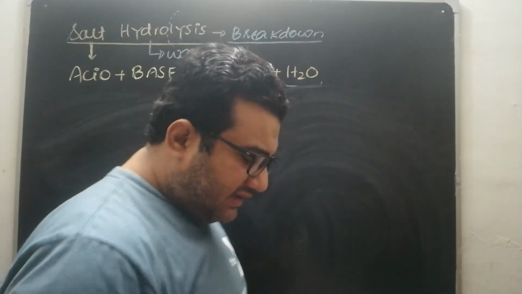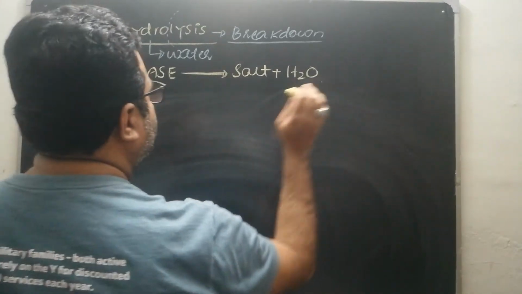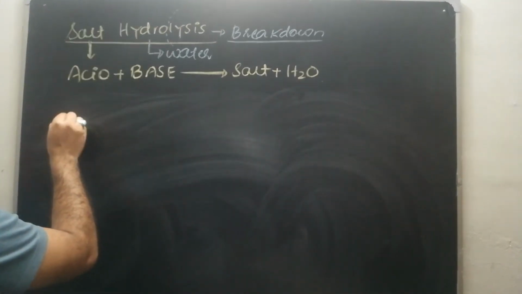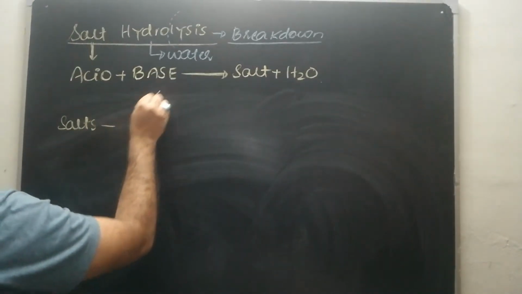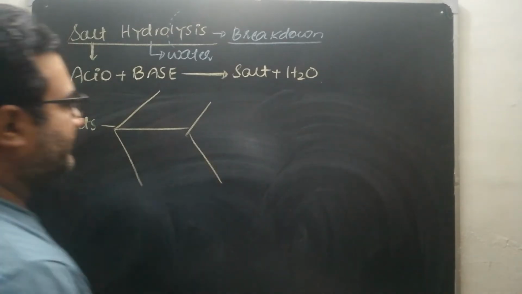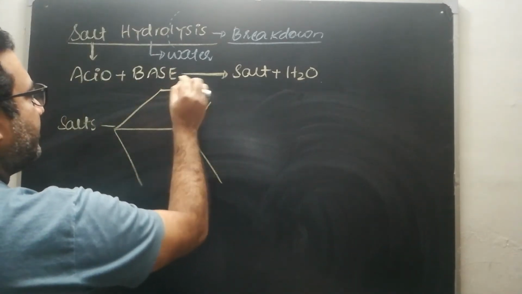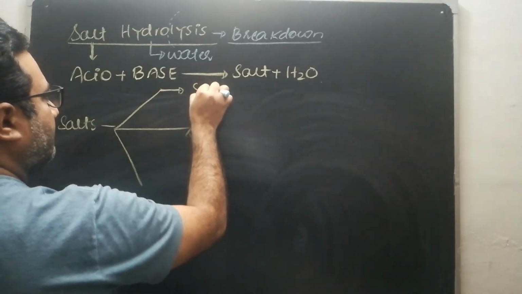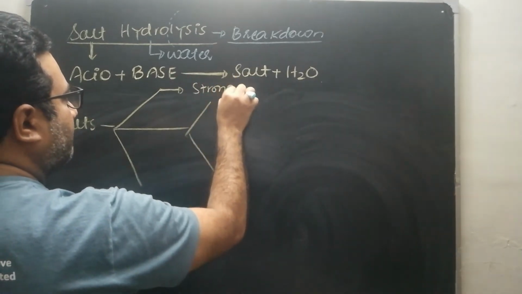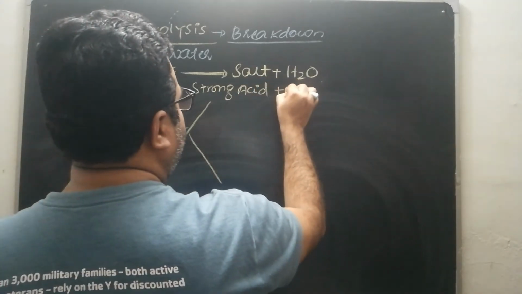In order to study salt hydrolysis in detail, you are required to know that salts are of four types. The first salt is the salt which is produced because of strong acid and weak base.